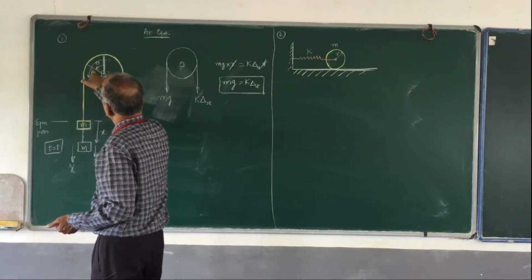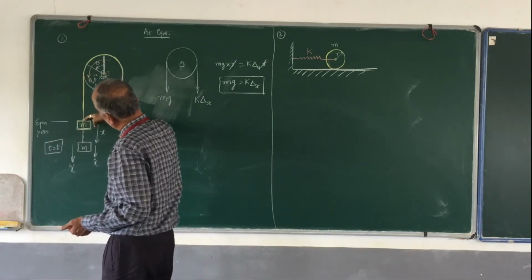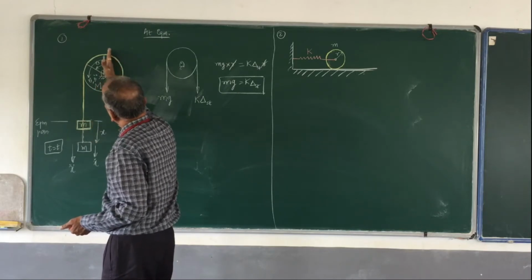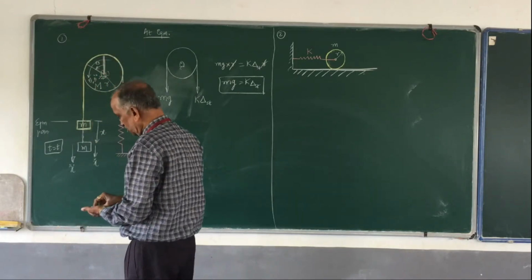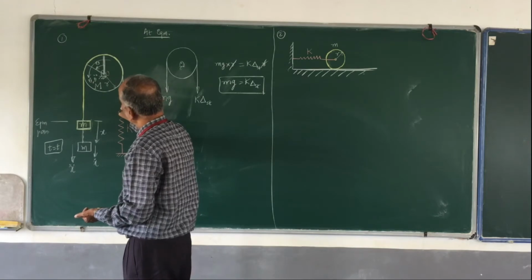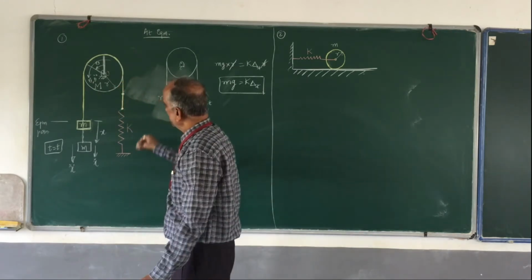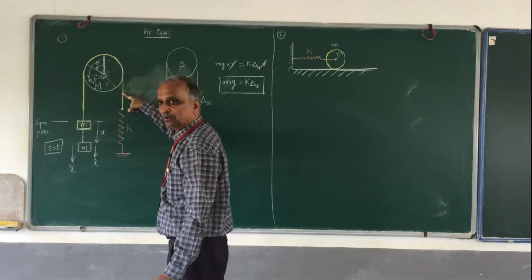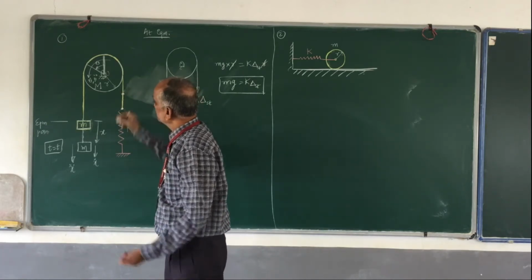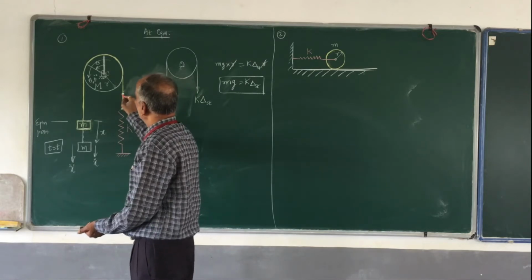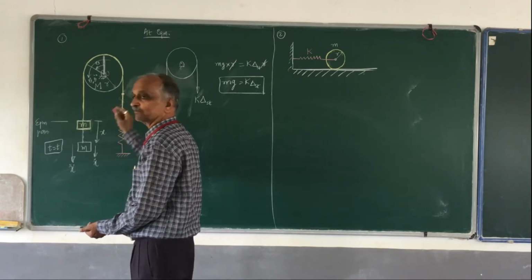So when this end has come down, this pulley rotates, and what happens to this end? This end probably might have come here, and the spring goes up here like this.